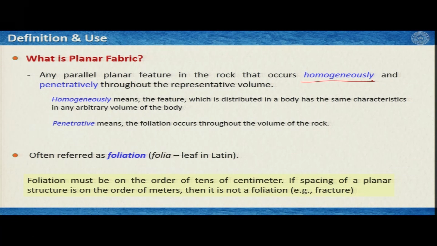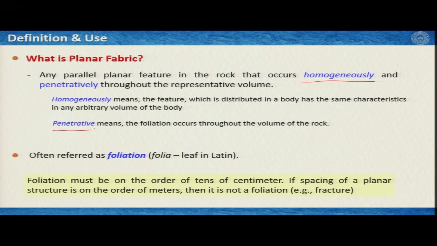To specify these 2 terms in particular, homogeneously means the feature which is distributed in a body has the same characteristics in any arbitrary volume of the body, and penetrative means the foliation occurs throughout the volume of the rock. So, that means if I have a planar fabric in the rock, except the plane it is occurring in, if I cut at any direction of this volume of the rock, I should see the presence of the fabric.